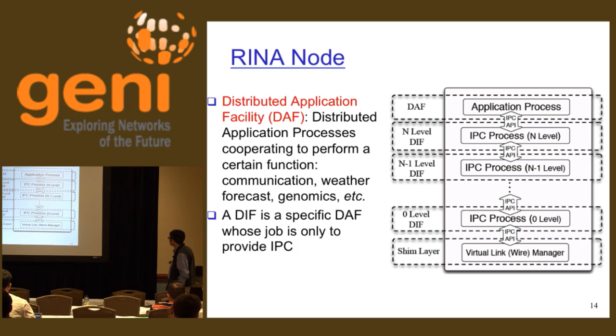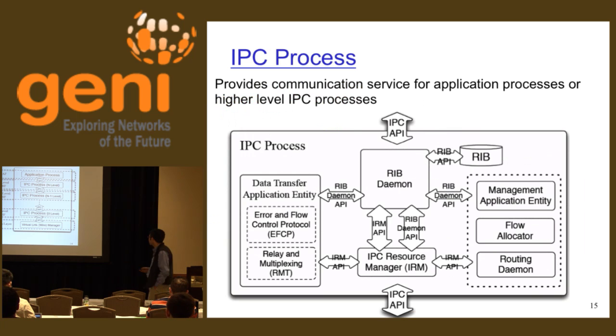This process joins some DIF, this one is joining another lower layer DIF, and so on. So this is all on the same node. And this shim layer is just to adapt the base case of the recursion to make it run over Ethernet or over the internet or whatever.